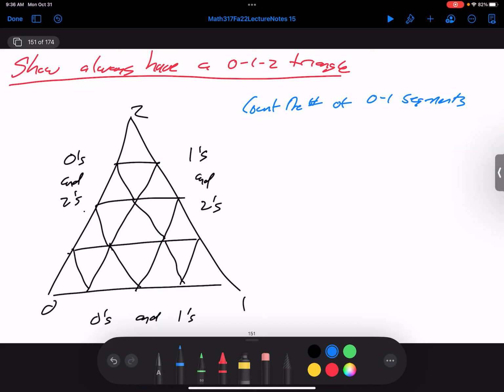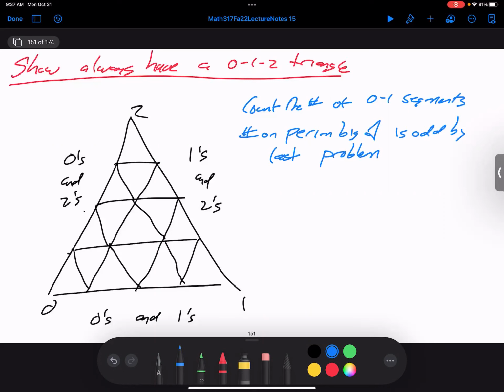Are there any on the 0, 2 side? And what do we know about the number on the 0, 1 side? So not count if there was like a 0 on the midpoint. I'm just counting the perimeter. So what do we know about the number of 0, 1 segments in the perimeter? There's at least one, but more than just that, it's odd. So the number on the perimeter of the big triangle is odd by the last problem.